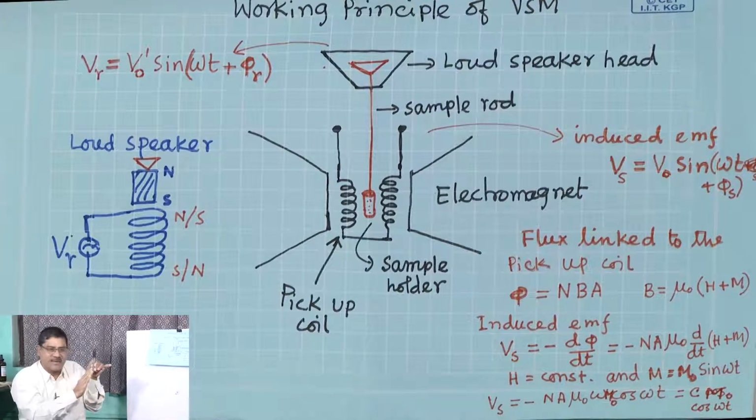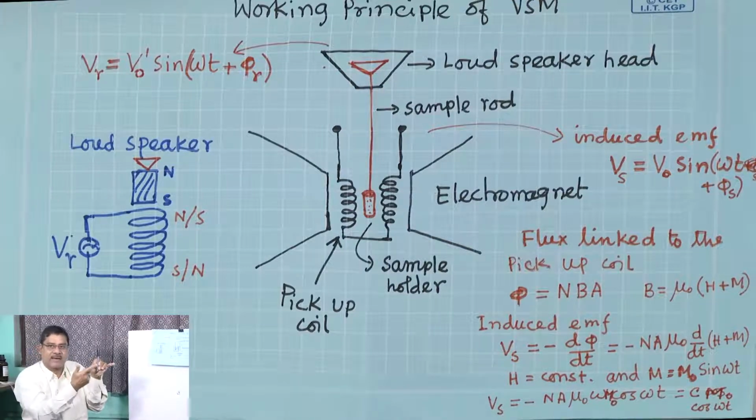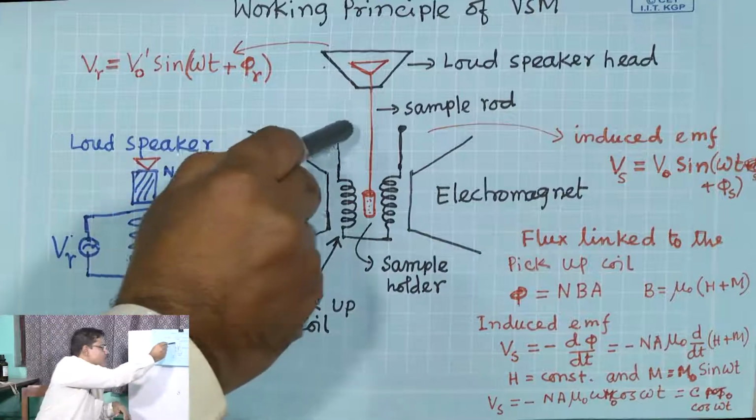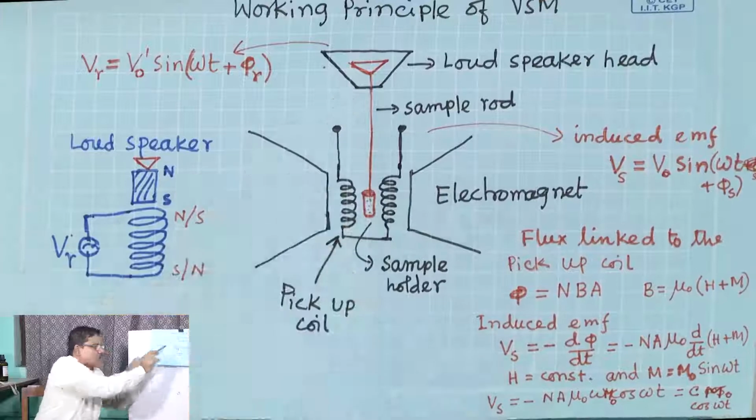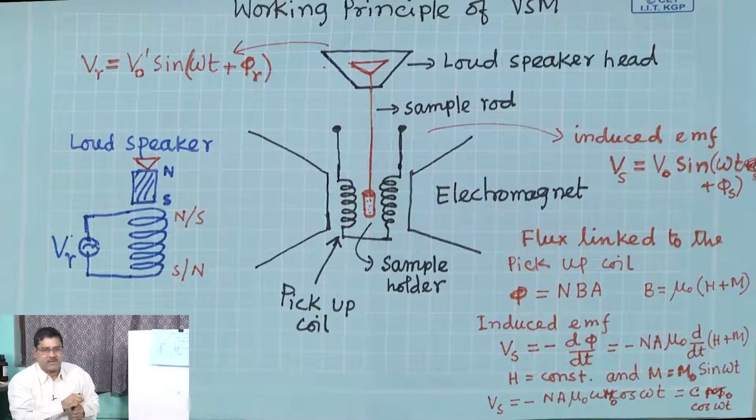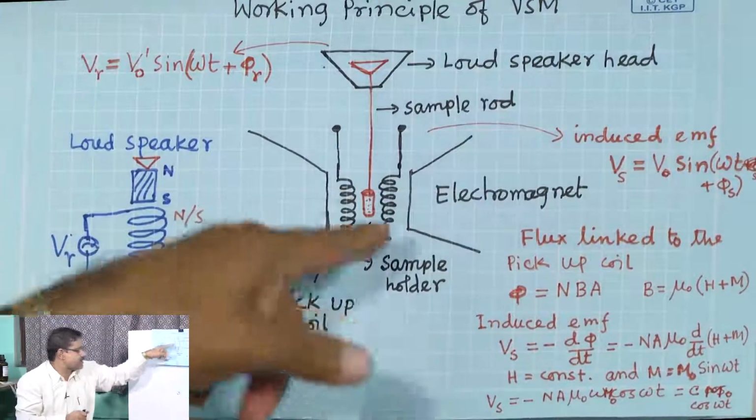It will depend on the strength of the magnetization. Higher the magnetization, higher the flux. Now if I put an induction coil here, I have put two coils, one on each side. There is no physical connection.